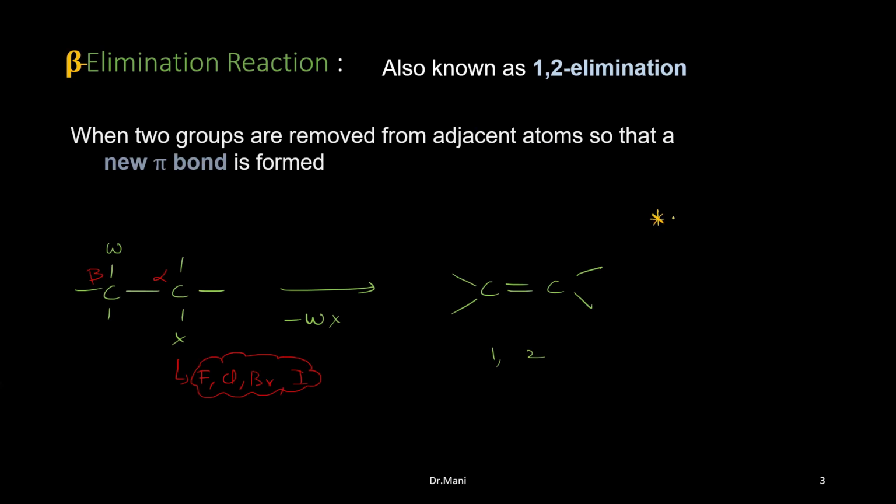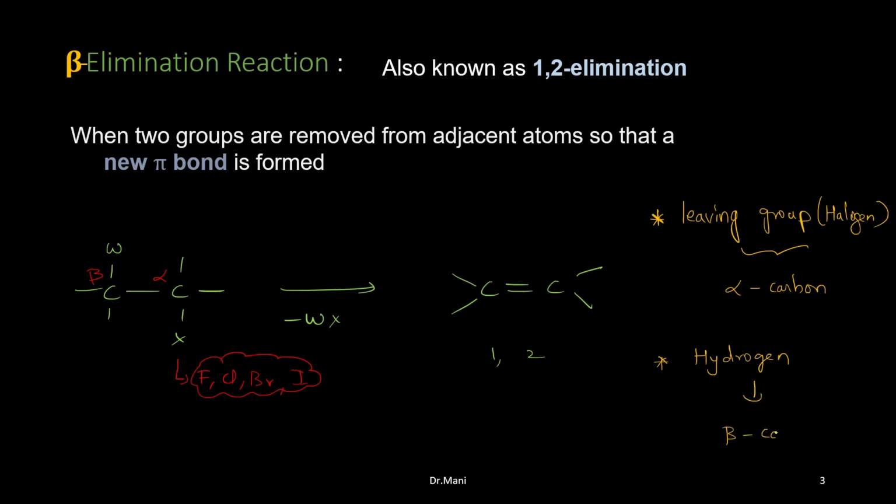It's my bad. So the leaving group, here we call it the halogen. This halogen is mostly attached to the alpha carbon. And the hydrogen, which you can also call a proton, which is removed, is attached to the beta carbon.